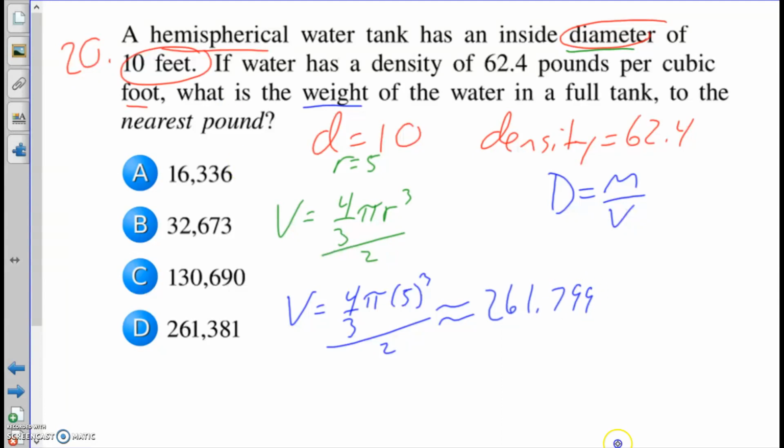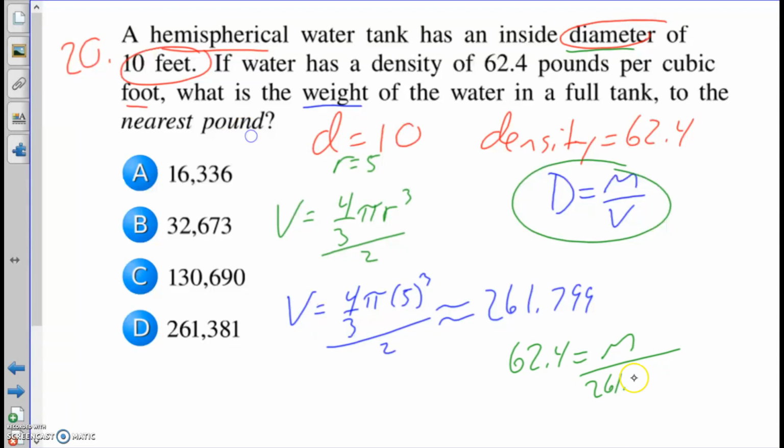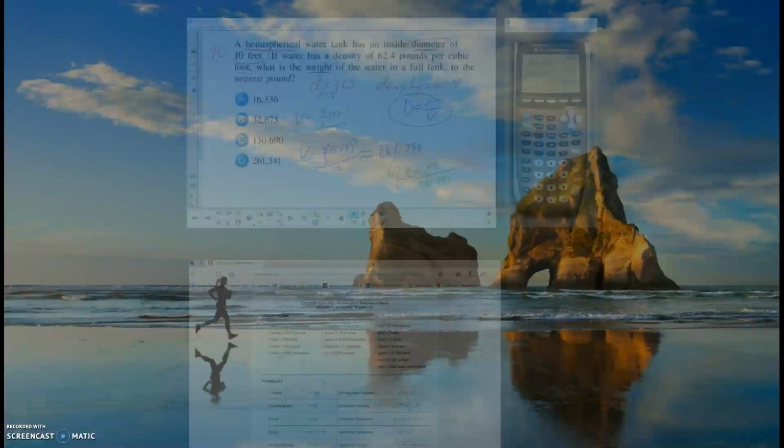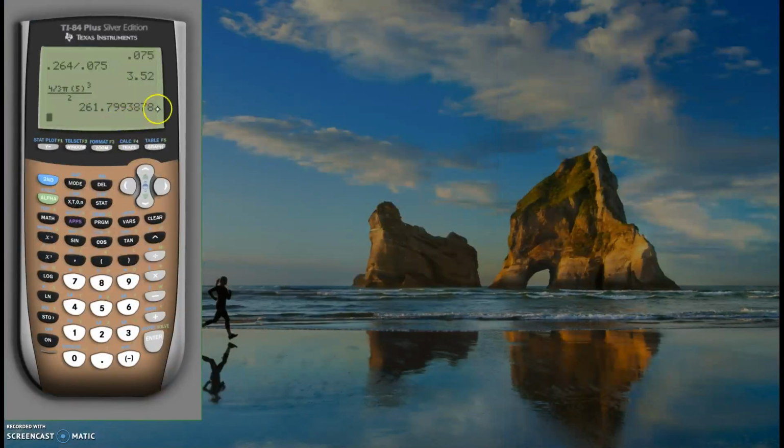261.799. So when I use my formula here, density is mass over volume. That's 62.4 equals mass divided by the volume, 261.799. I like to put little dots on the end to remind myself that that's not the whole number. There are more numbers after that. But anyways, just cross multiply here. Multiply these together to find the mass, which they're calling weight. But again, I'm going to use the exact answer in my calculator, so I'm not rounding and just hitting times 62.4.